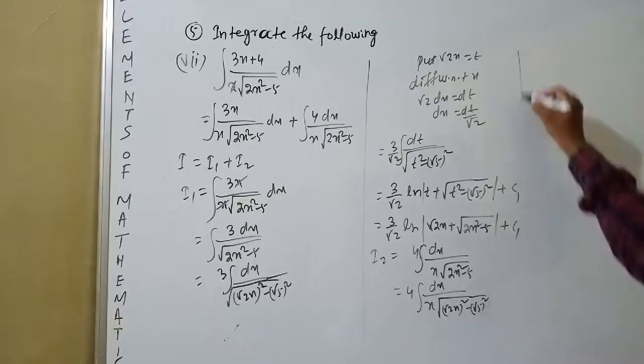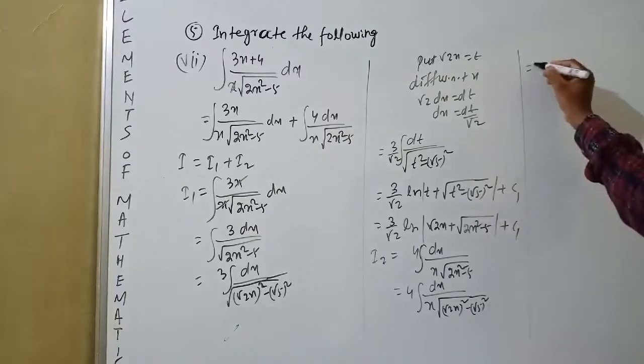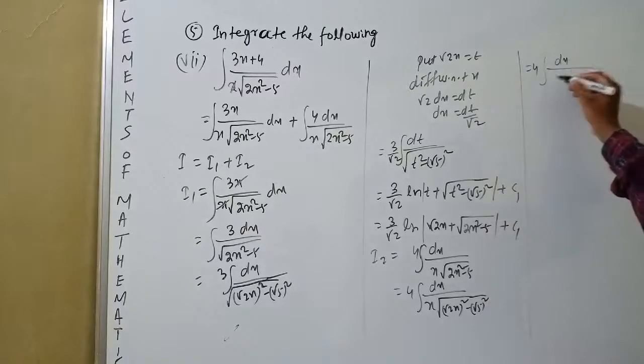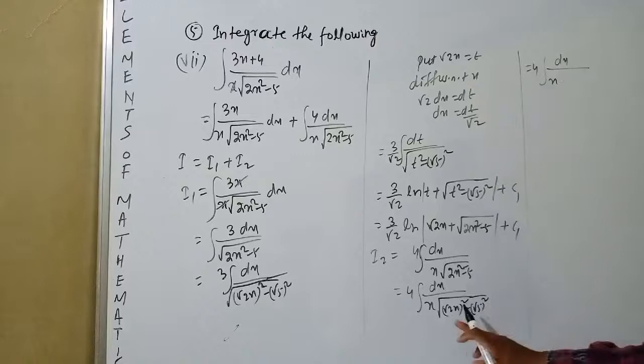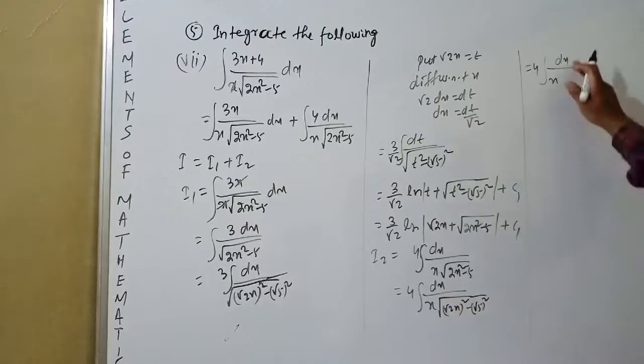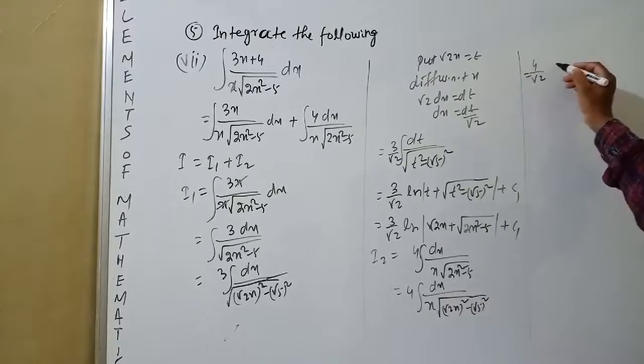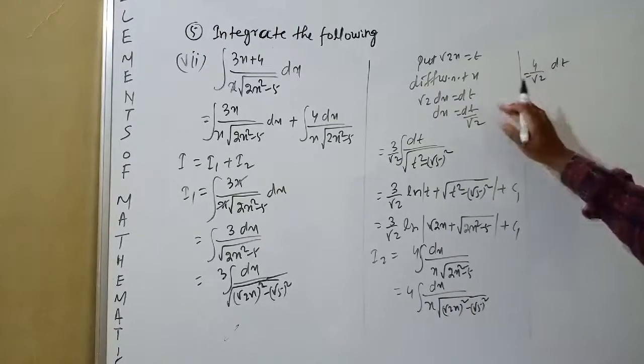Okay, is equal to, you say 4 integration of dx by x, here you say dx is equal to dt by root 2, that is you say here 4 by root 2, here dt you use this.